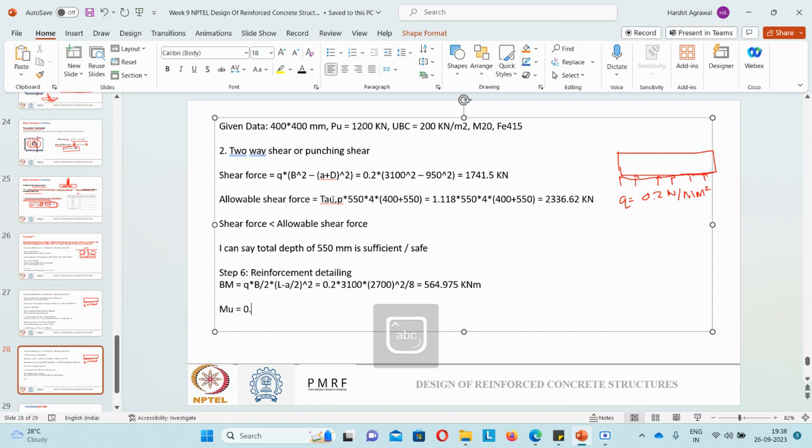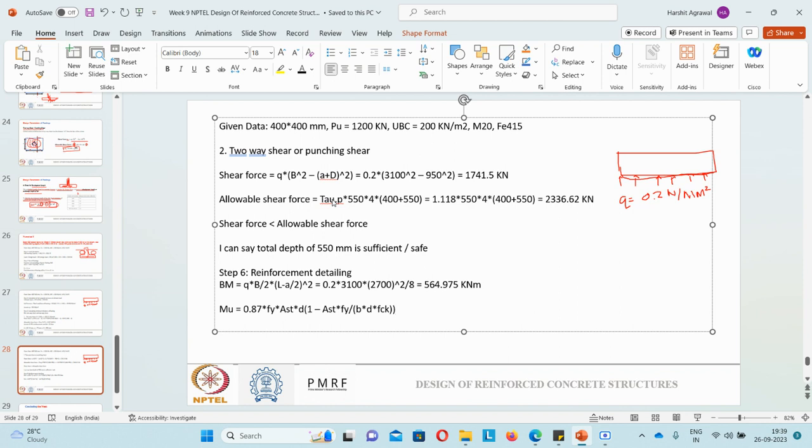We know from the design of beam part, it is given by 0.87 Fy Ast d (1 minus x by d). So x by d is nothing but Ast times Fy upon b d fck. There is a direct formula also, but this is the general formula.